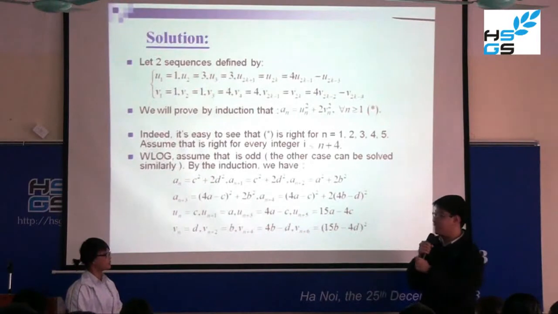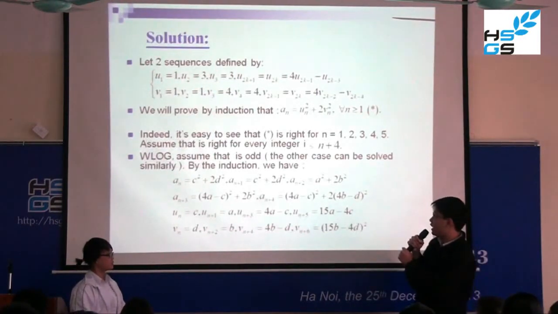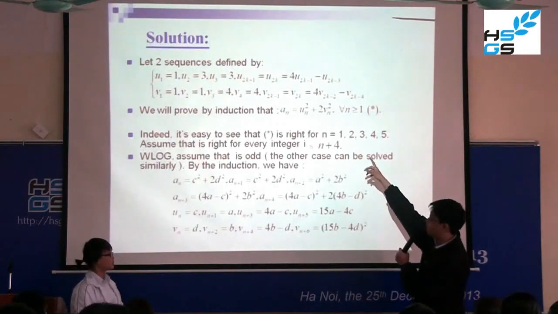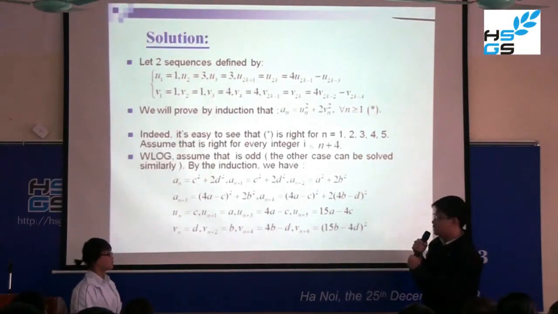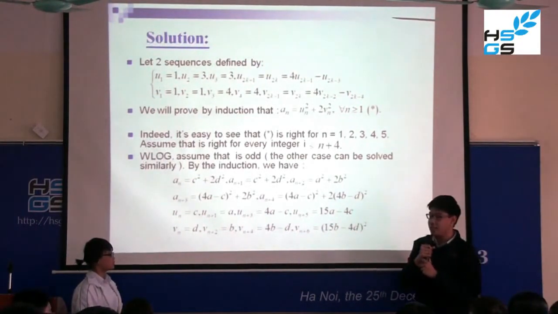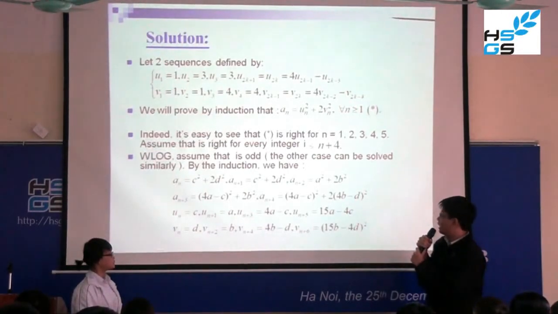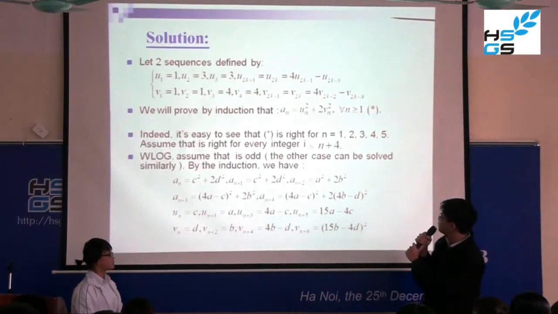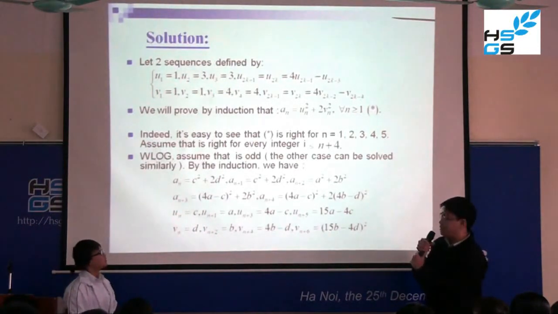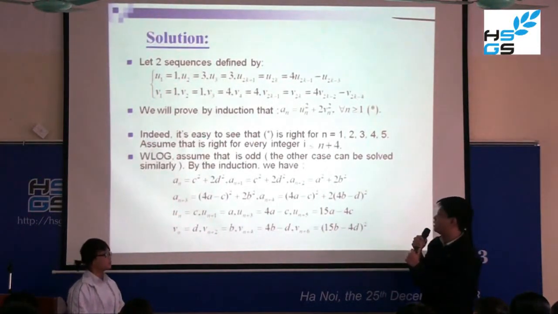So we can easily define the two sequences un and bn like on top of this slide. You can see that it's not difficult to use mathematical induction. We can prove that an equals un square plus 2 times bn square for every n greater than 1.